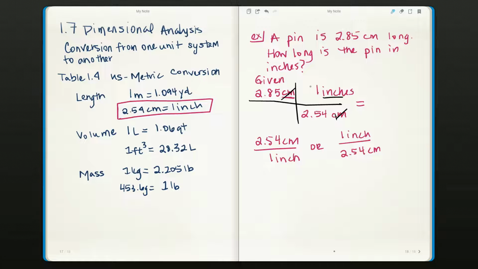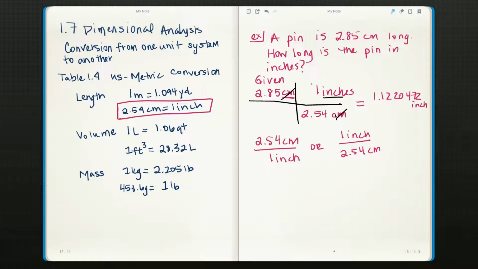So if the number's in the numerator, you multiply. If it's in the denominator, you divide. So if we do this math, our answer comes out to 1.122047 inches.